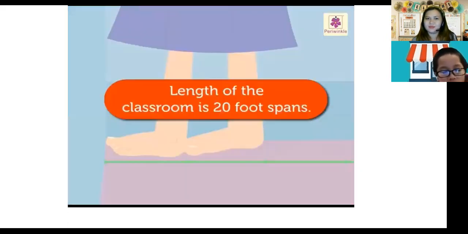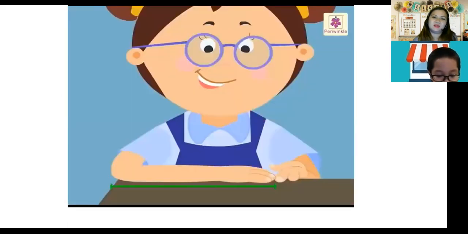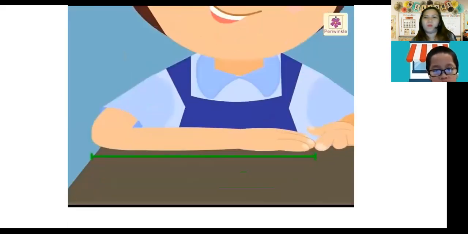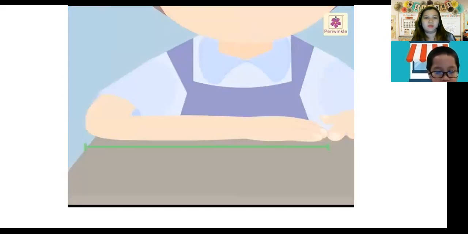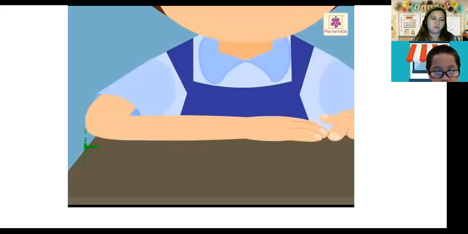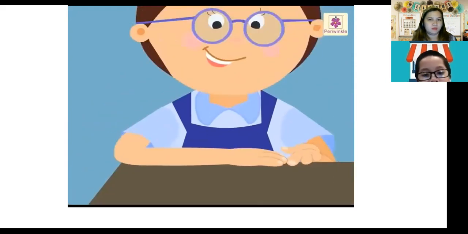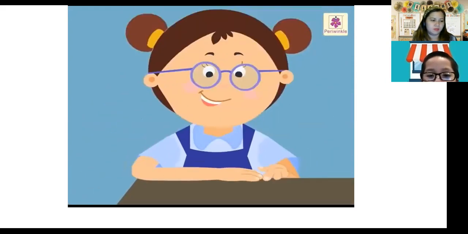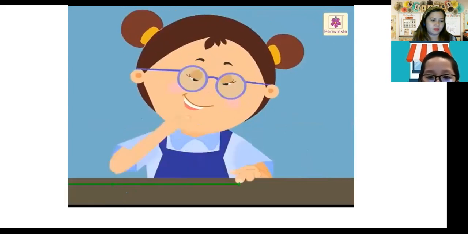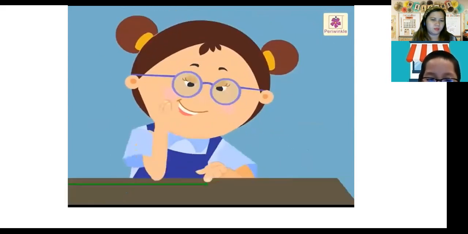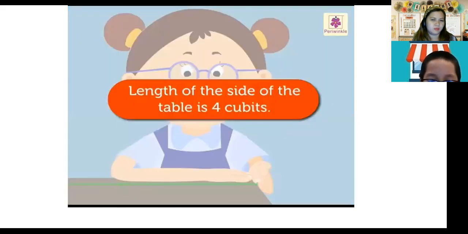Mm. So, the length of the classroom is 20 foot spans. Mhm. Now, let's see how to measure with cubit. Cube. Cubit is the length from the elbow to the end of the fingers. Elbow to the end Now, of the finger. That's Lisa is cubit. measuring the side of the table with her cubit. 1, 2, 3, 4. So, the length of the side of the table is 4 cubits.